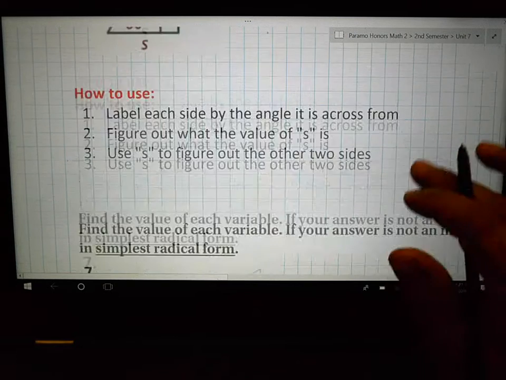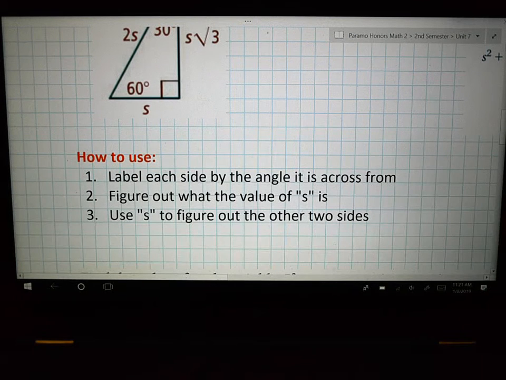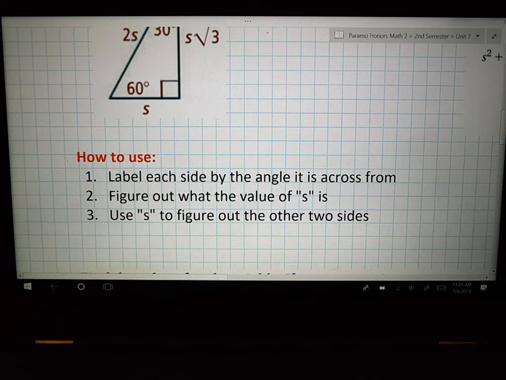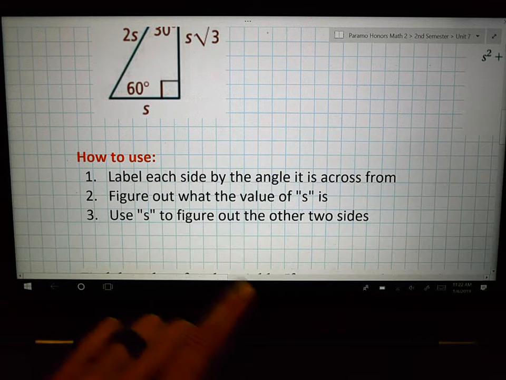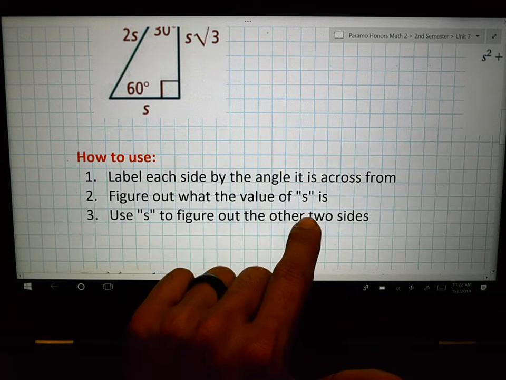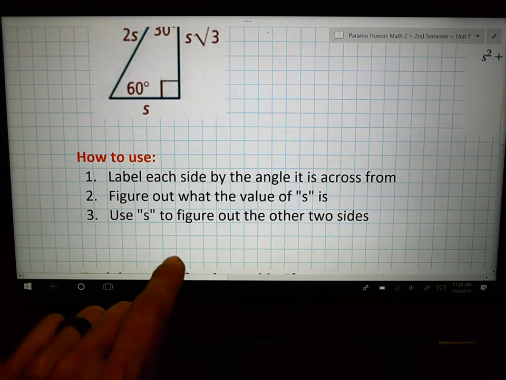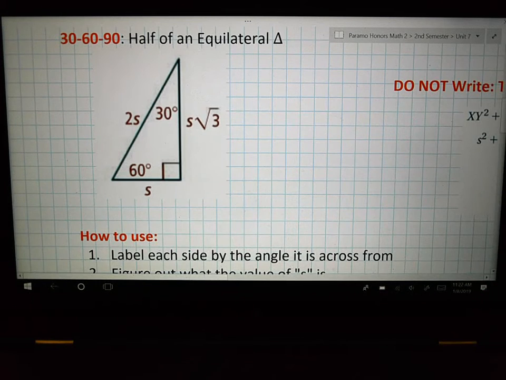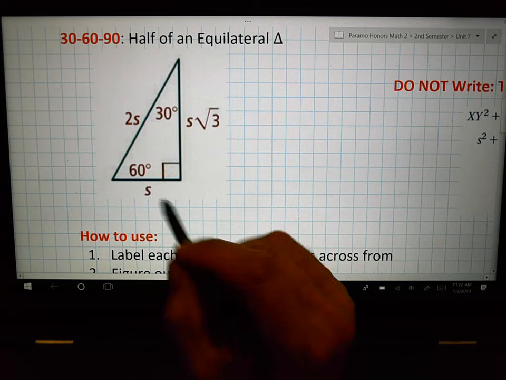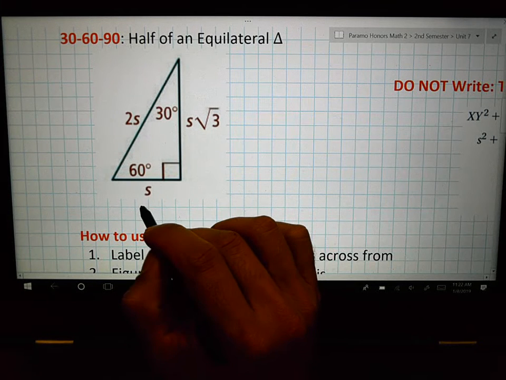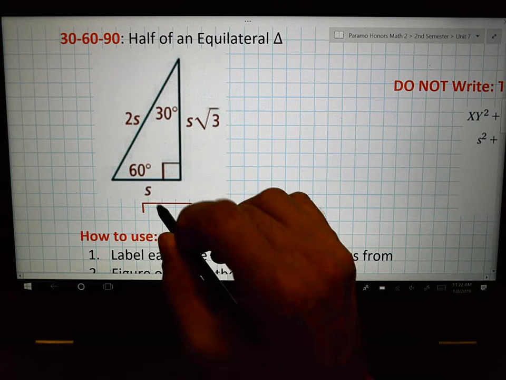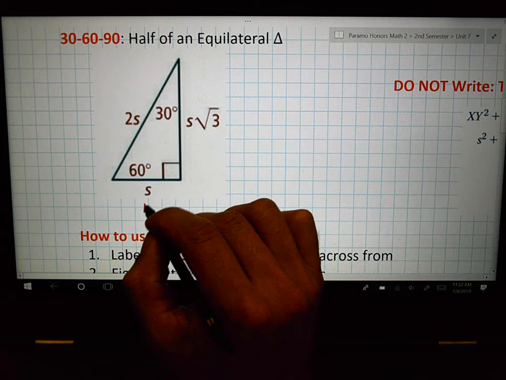Now, the way the shortcuts work, they're very, very simple to use. If you know what each side is labeled, if you can figure out what S is, you just use S to figure out what the other sides are. For example, let's just say that this side was 17.